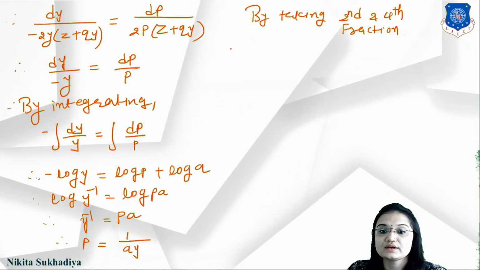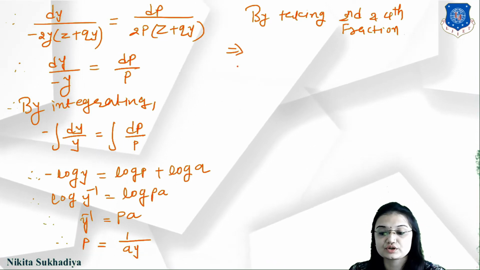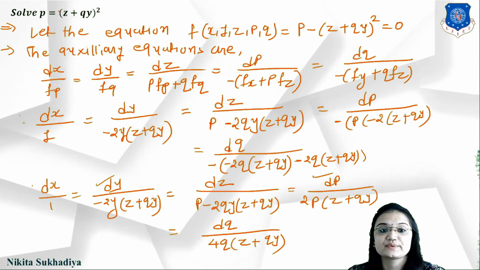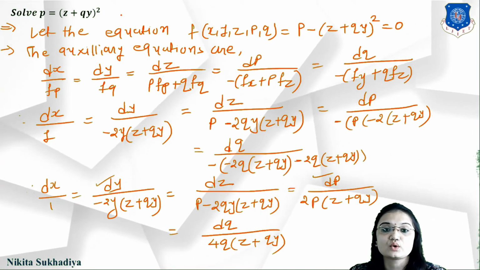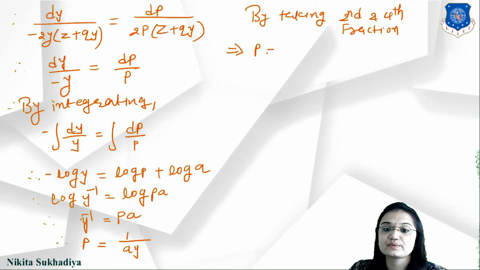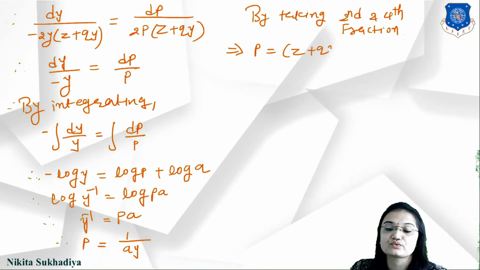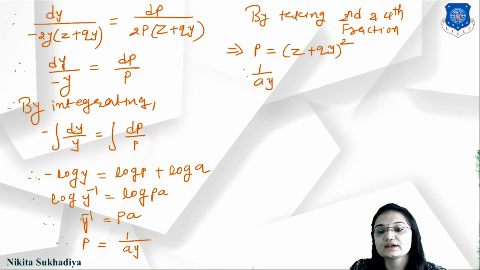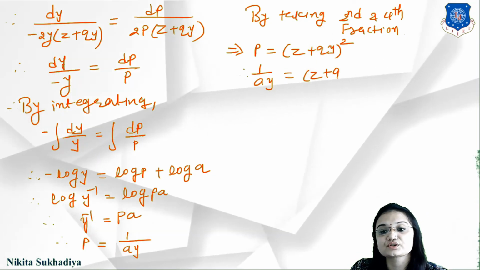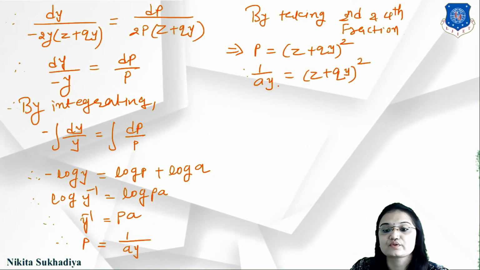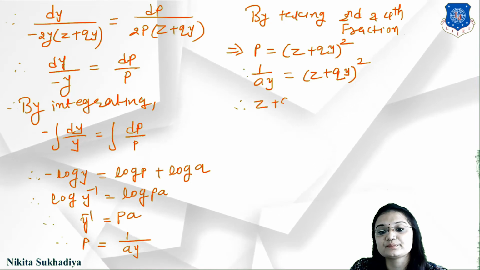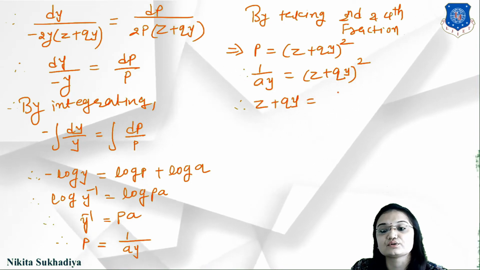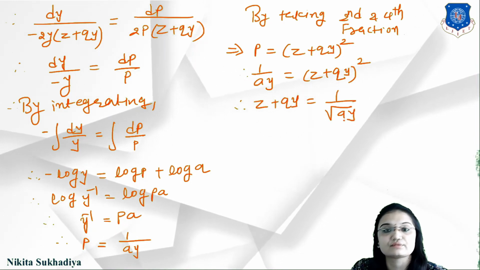Okay, so we can say that p is equal to 1 upon a y. Now here from the equation, we have p is equal to z plus qy whole square. But here we have p that is 1 upon ay is equal to z plus qy whole square. So this will become z plus qy is equal to 1 upon under root of ay.